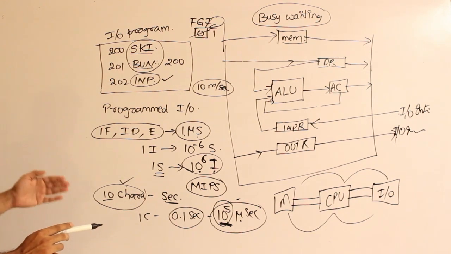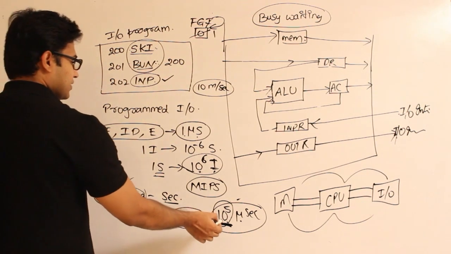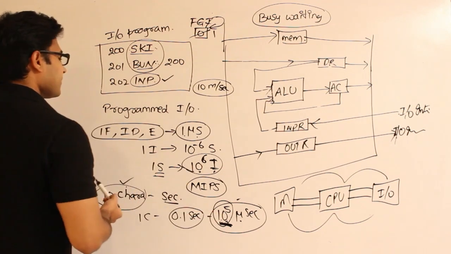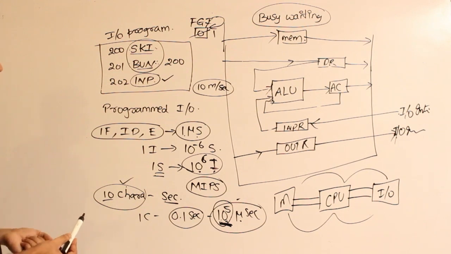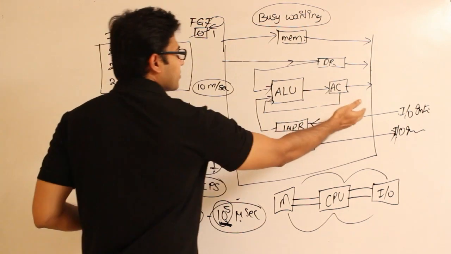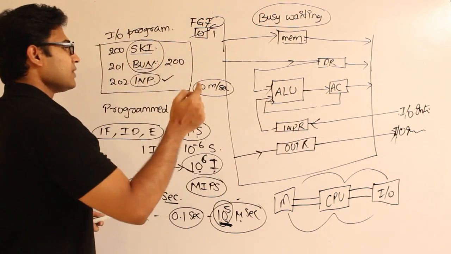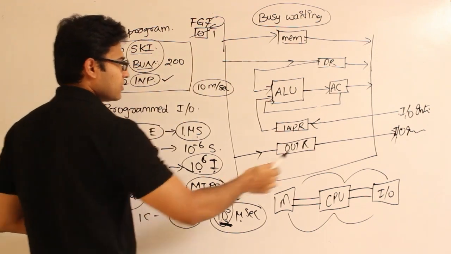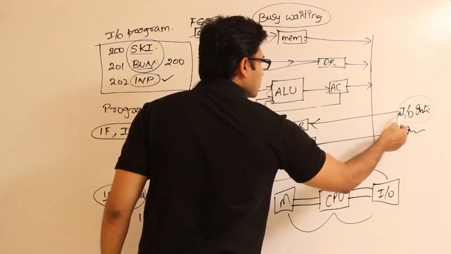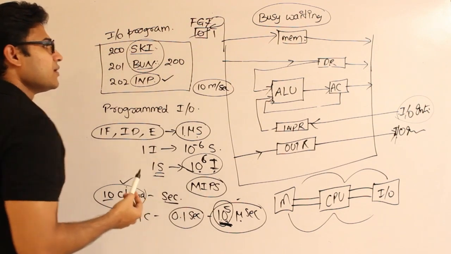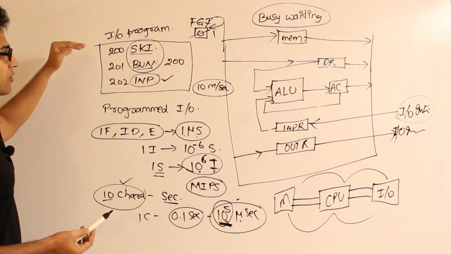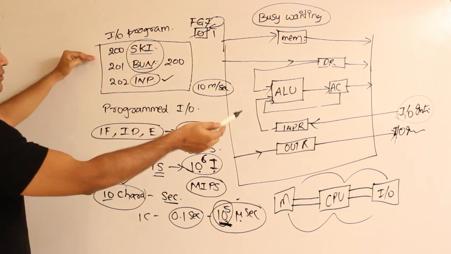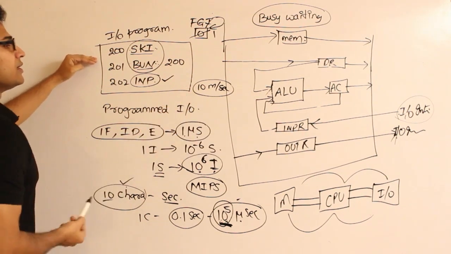So instead of wasting these many instructions, a better approach is to let the CPU execute the normal program, and whenever there is an input present in the input register, let the input device interrupt the CPU. That is called interrupt driven IO. Now our CPU is not going to wait till the IO device provides the input.